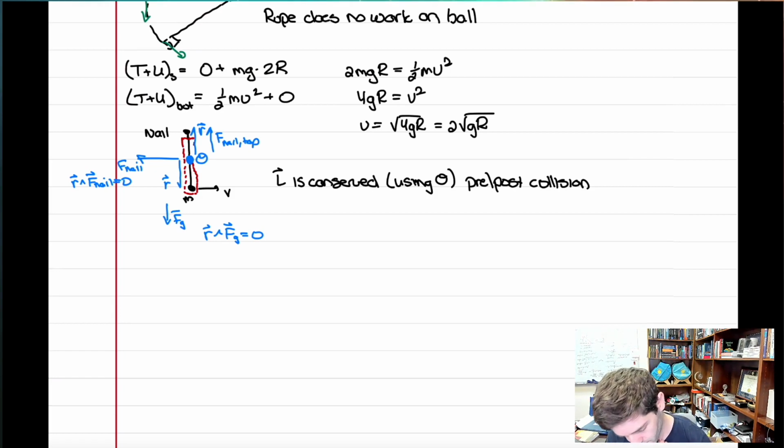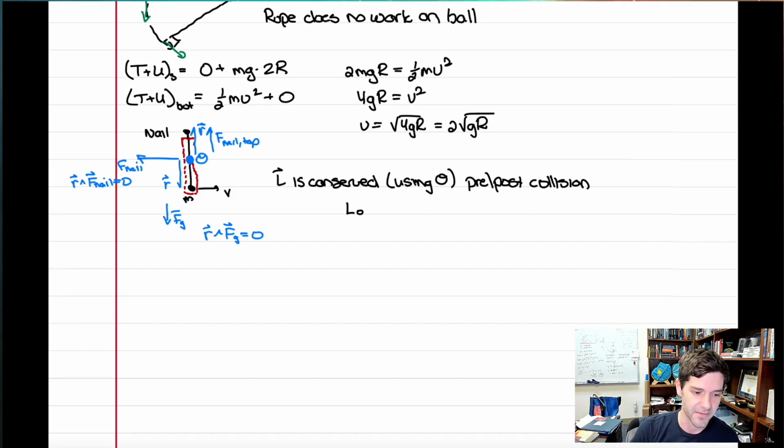So again, I'll stop with the vector, since this all is going to be angular momentum that is in or out of the page. What is the angular momentum before the collision? Well, I could write down from that particular rotation axis that, let's see, what are we doing?